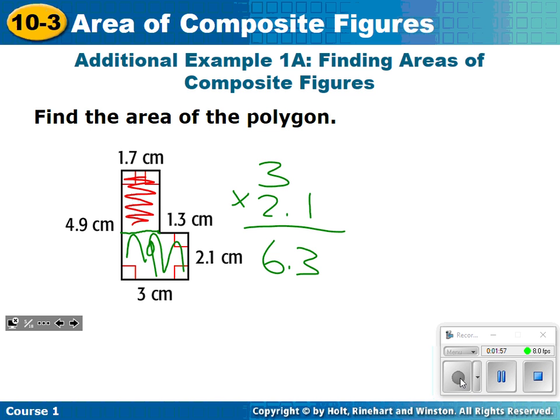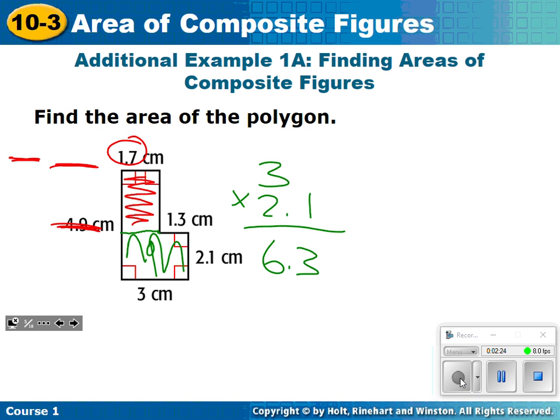Now the one in red. Uh-oh. This one's a little harder, isn't it? We can have the width here. The width is 1.7, isn't it? But now we need the distance from here to here, which we're not just given, are we? What do we have to do in order to find this?